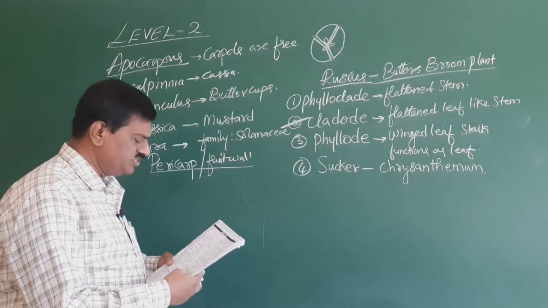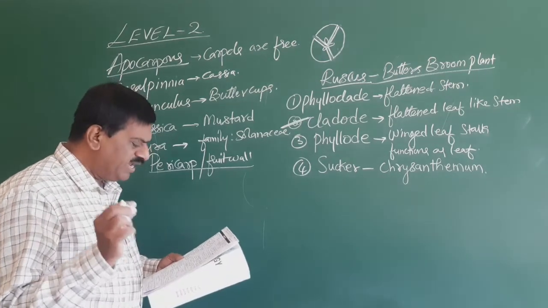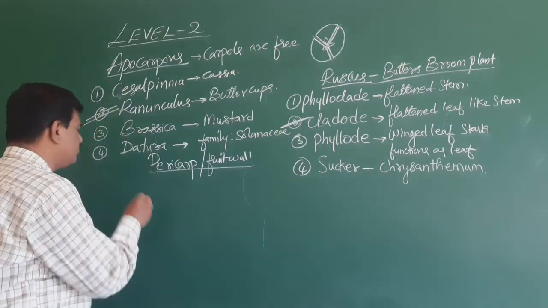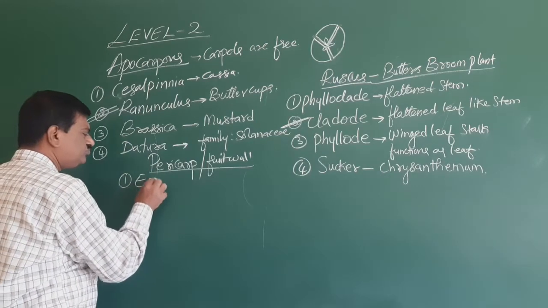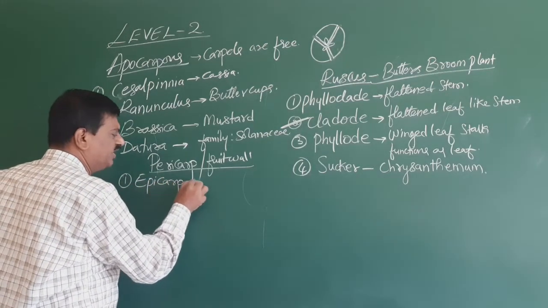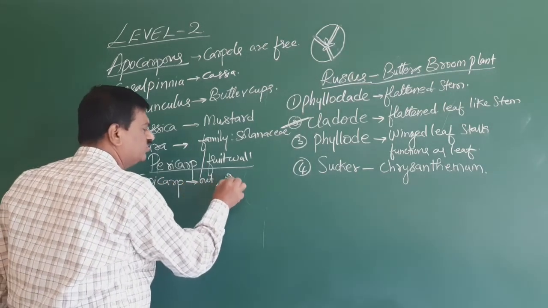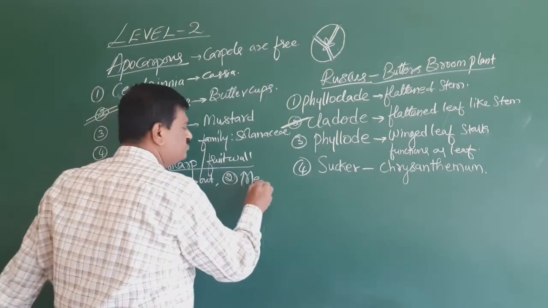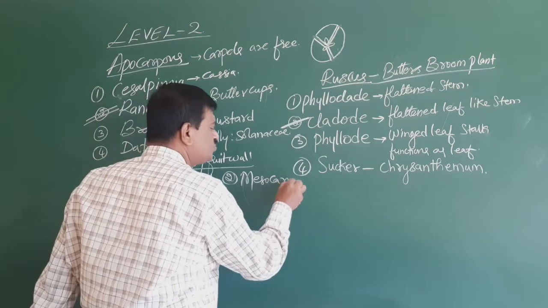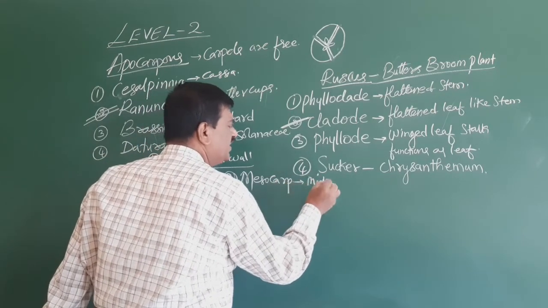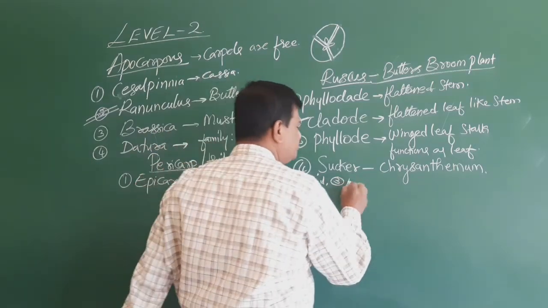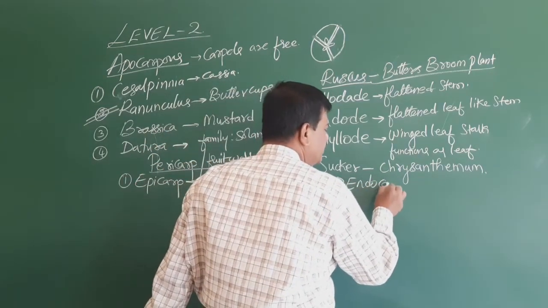Here the question is, thick pericarp of a fleshy fruit consists of. The first option is epicarp, the outer layer. The second option is mesocarp, the middle layer. The third is endocarp, the inner wall.